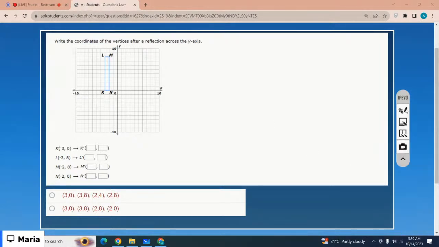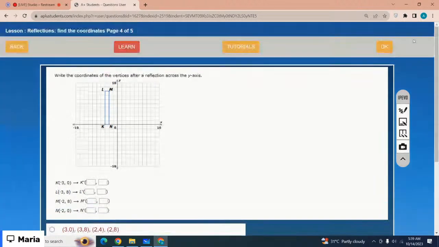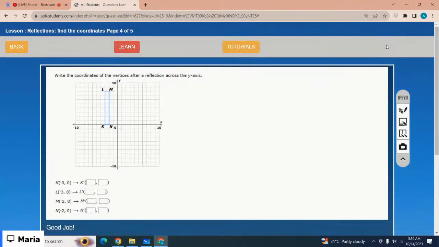So that would be 3, 3, 3, 2 and 2, 0, 8, 8, 0. Option number 2 is the correct option, right? When reflection, just the sign is changed, not the values, right?